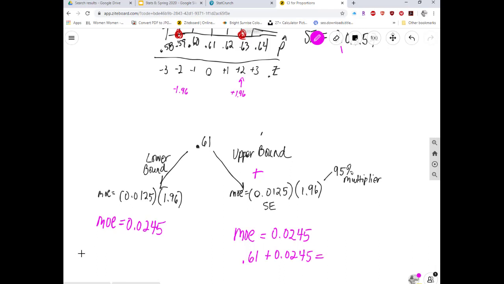And on this side, I'm going to subtract my margin of error from my sample proportion. And I'm going to end up with two numbers. So this side is adding, this side is subtracting. So let's see what I'm going to get.